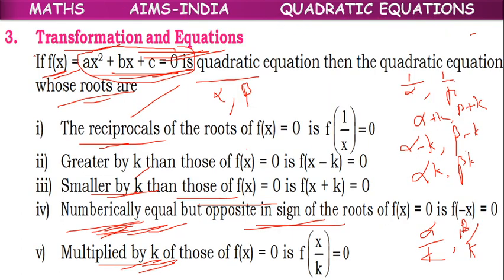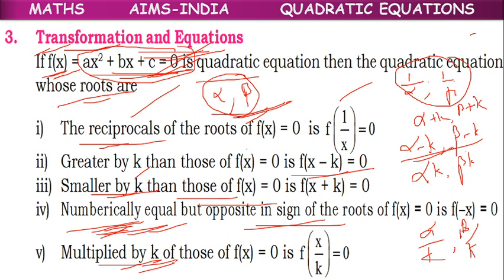During transformations, what we have learnt: for a given equation, if alpha, beta are the roots, then we can find the equations whose roots are 1 by alpha, 1 by beta. Equation is f of 1 by x. Alpha plus k, beta plus k: equation is f of x minus k.